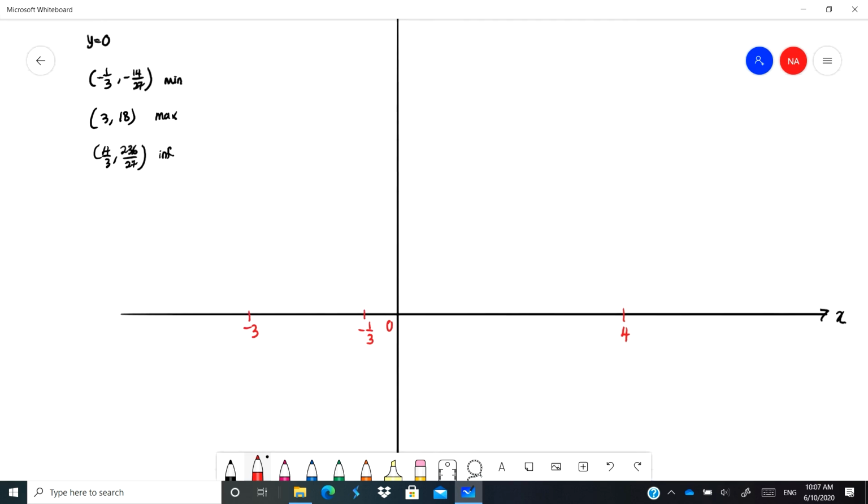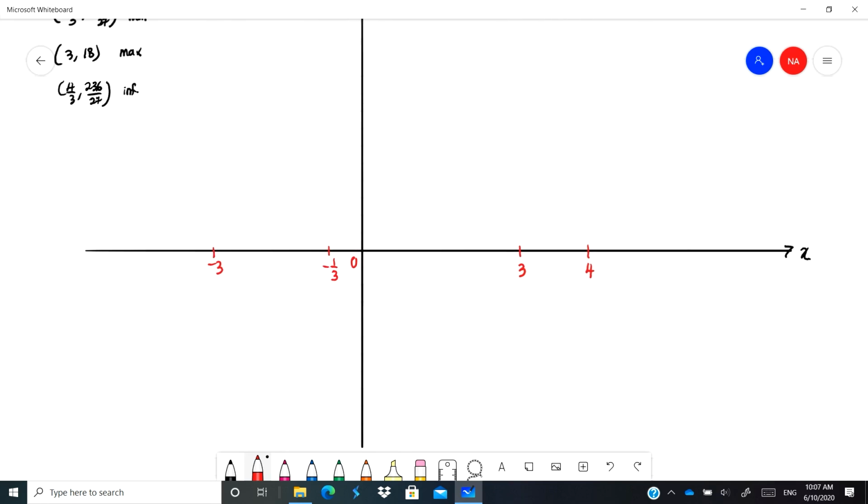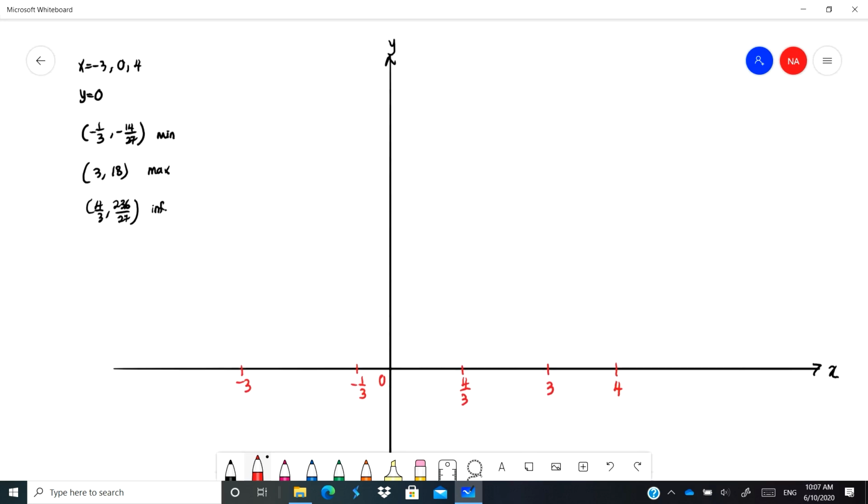And then we'll have 3, maybe somewhere around here. And then 4/3, which is 1 1/3, maybe somewhere around here. We just have to estimate this on the axis.